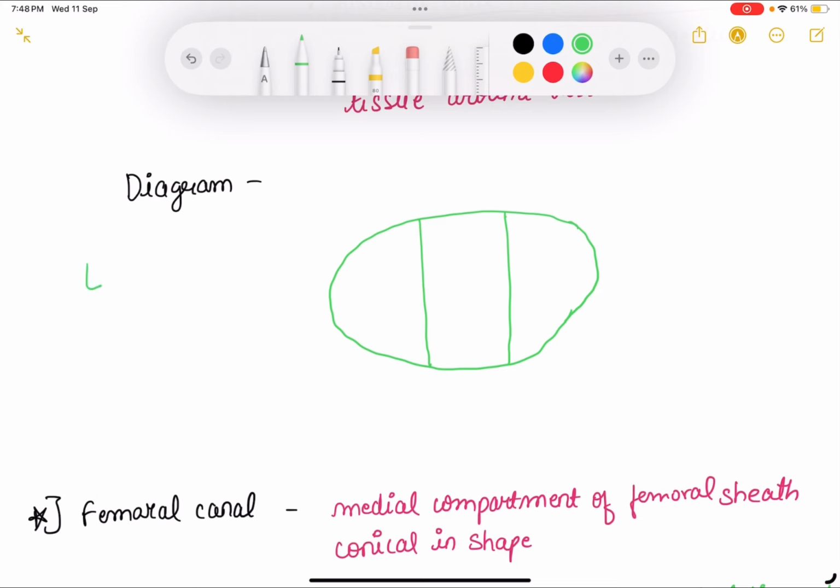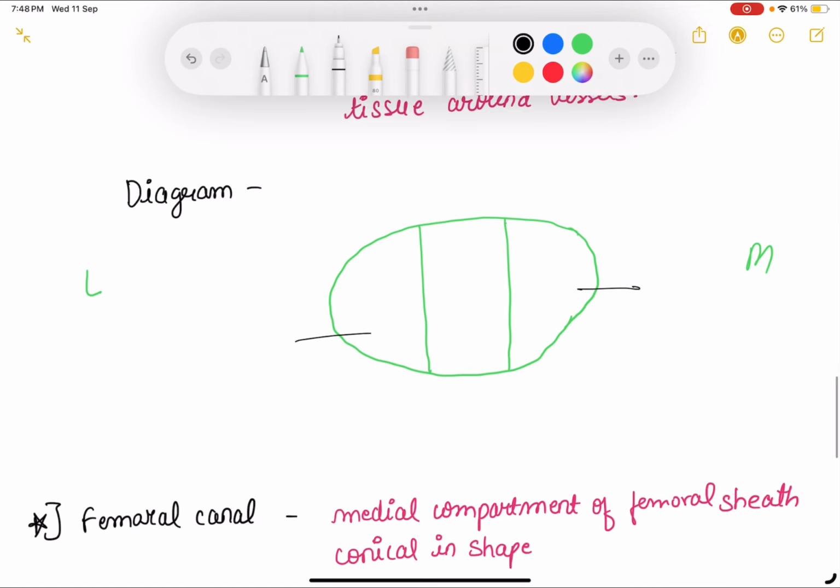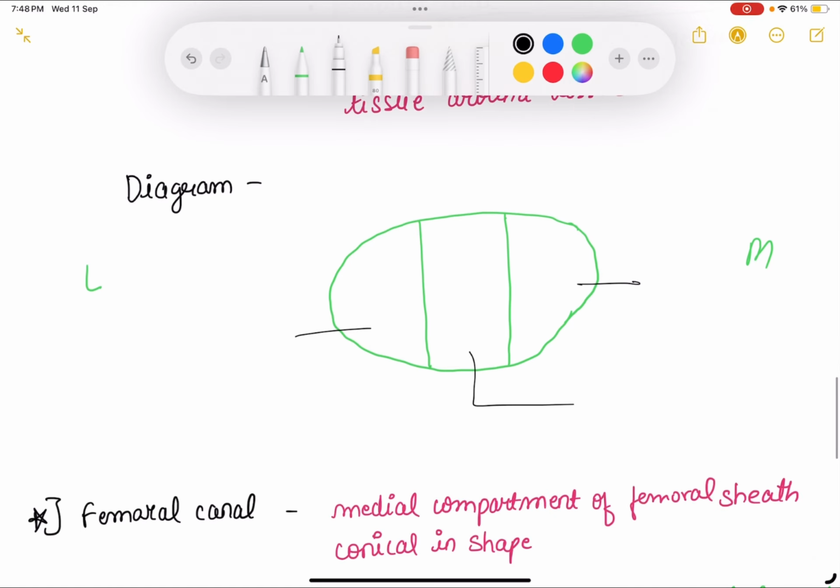This will be the lateral part, this will be the medial side. So this is the lateral compartment, this one is the medial compartment, and in the middle we have the intermediate compartment.